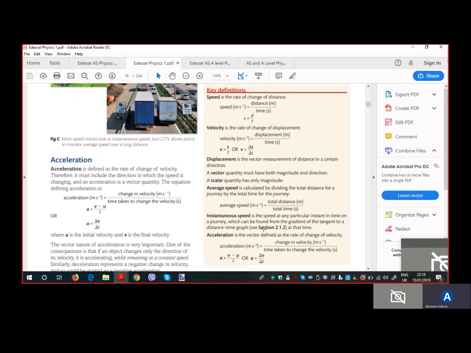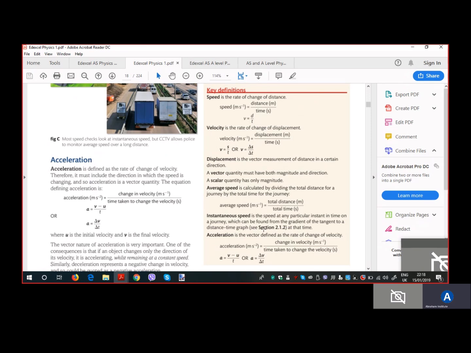The gradient of a displacement time graph is the velocity. And what is the area under a speed time graph? The distance. The area under a velocity time graph? Displacement. Correct.